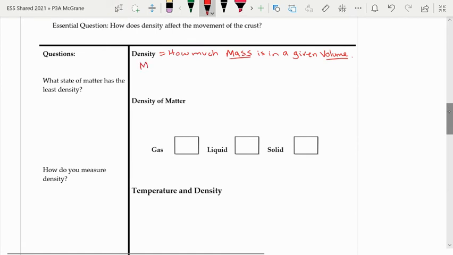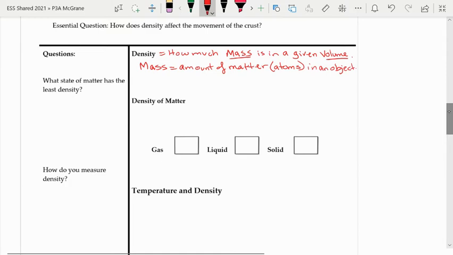Okay, so density is how much mass in a given volume. We need to remind ourselves that mass equals the amount of matter or atoms. That's what the mass is, in an object. Like Mrs. McGrain.